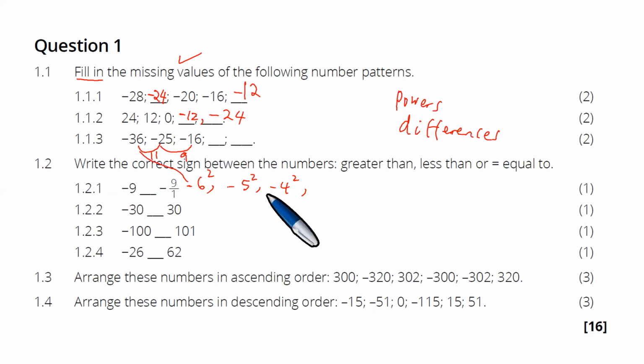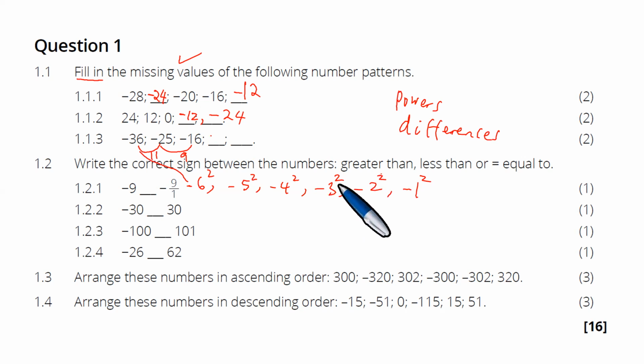The next one, because it's 6, then it reduces by 1 to 5, then by 1 to 4, by 1 to 3, by 1 to 2, and by 1 to 1, if we just continue with the pattern. So minus 3 squared: what is 3 squared?